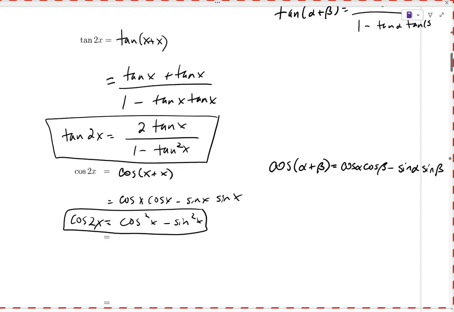What can I replace cosine squared x with? 1 minus sine squared x. Good. So we can also write it as 1 minus sine squared x for the cosine, and I have a minus sine squared there as well. So another form for cosine 2x is 1 minus 2 sine squared x.